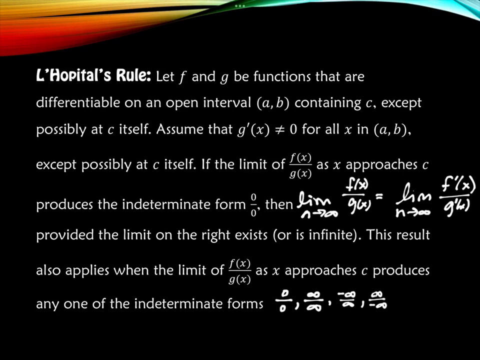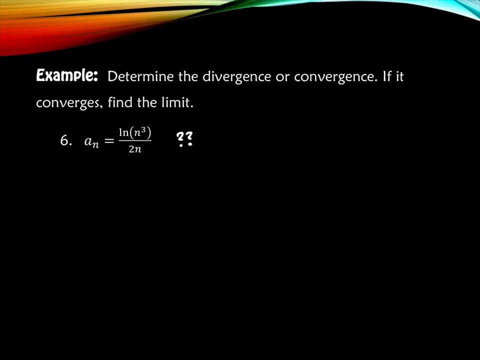So I'm going to go back up then to problem number 6, and we're actually going to use L'Hopital's rule to find this limit. So I'm finding the limit as n goes to infinity of the natural log of n cubed over 2n. And you have to stop and check and make sure it really fits L'Hopital's rule before you just plow through using it.